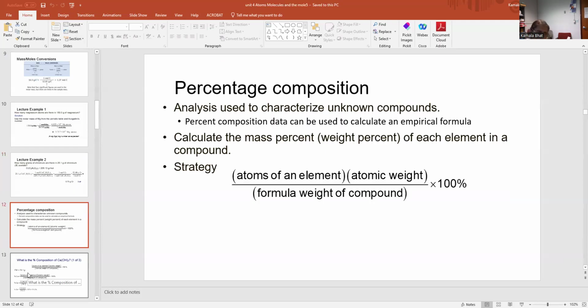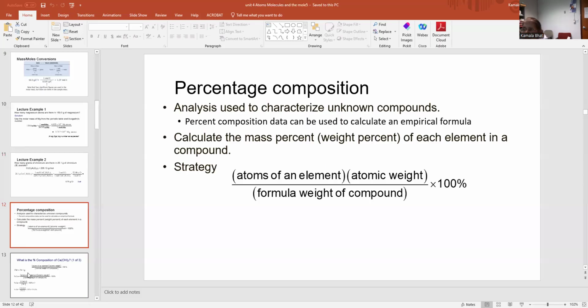Next, we're going to do the percentage composition. Percentage composition of any element in a given formula is very easy to determine if you know the total mass of the compound as well as the amount of each element present in the compound.